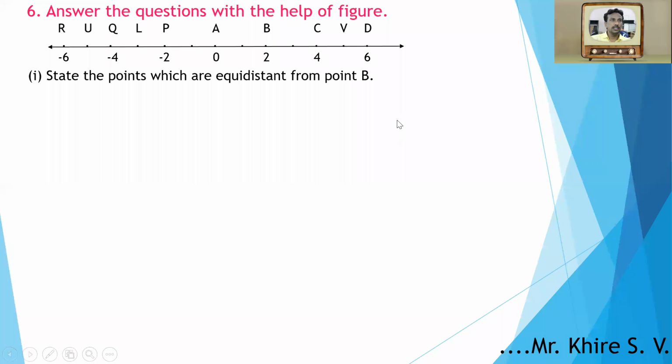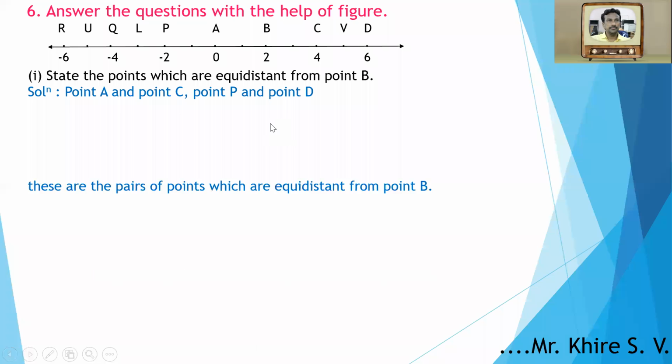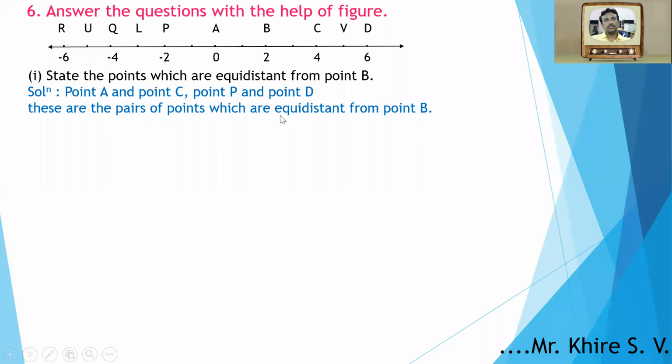State the points which are equidistant from point B. Point A and point C are equidistant from point B. Similarly, point P and point D are also equidistant from point B. These are the pairs of points which are equidistant from point B.